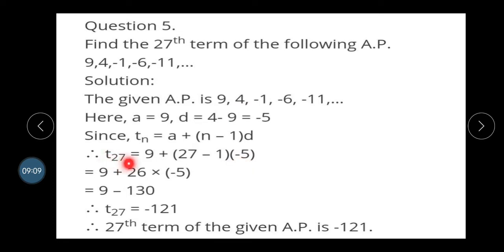So T27 equals 9 plus 27 minus 1 into minus 5. 27 minus 1 we will get 26, and 26 into minus 5 we will get minus 130. So 9 minus 130, we subtract and put the sign of the bigger number. So we'll get minus 121. So the 27th term of the given AP is minus 121.